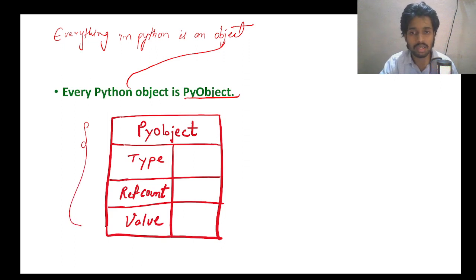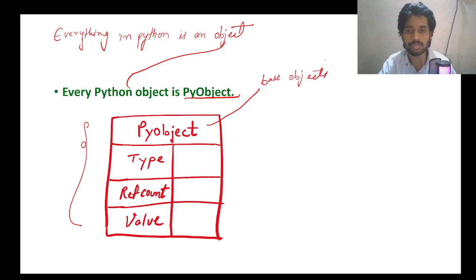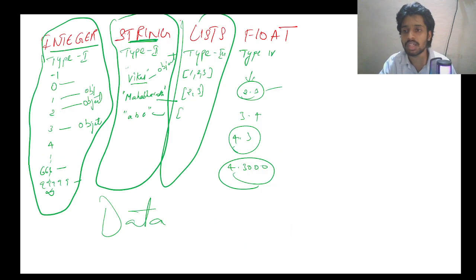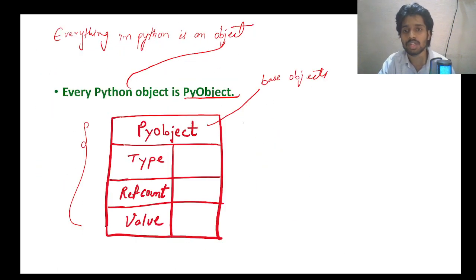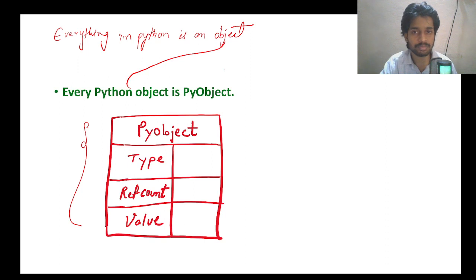This PyObject is like the base object to all the objects. Look here, I wrote so many objects, right? 0, 1, 2, 3, all these objects. But this one is the base object. So for example, let's take a simple one: a is equal to 20.